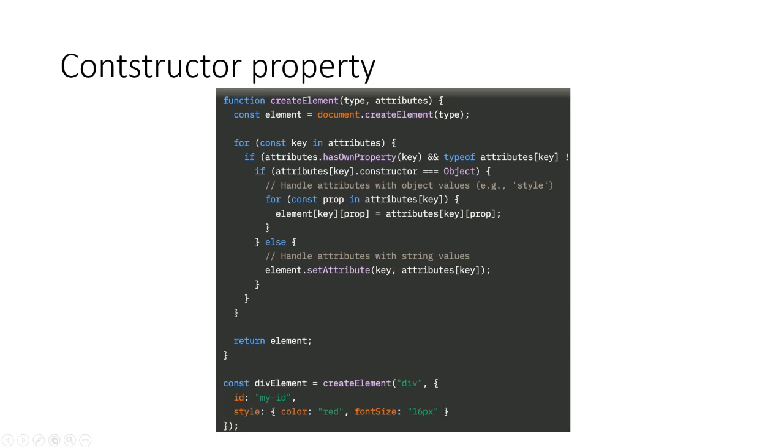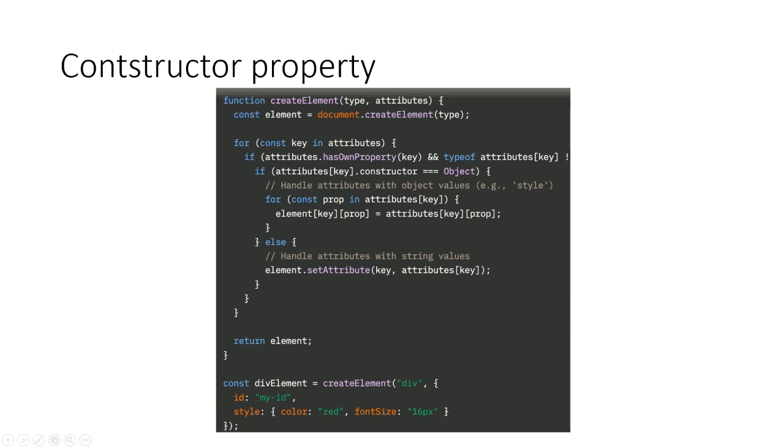We're going to check if the attributes has own property of key and if it's a type of, and I'm sorry, this got kind of cut off a little bit here, but the real bread and butter of this is the second if conditional, where we have the attributes that you passed in and we're accessing it by key, key.constructor, and if that is equal to Object, we're going to do some more looping and make some assignments here.